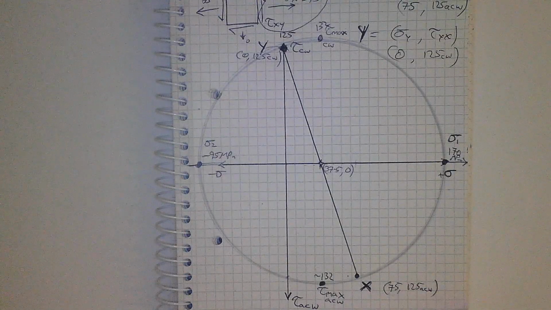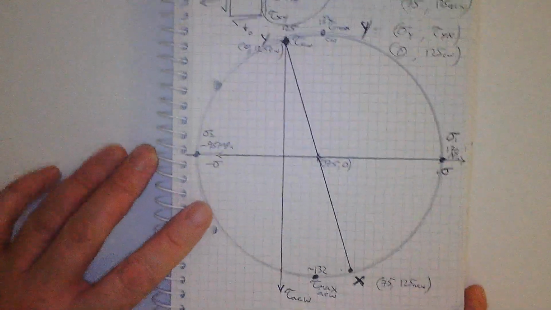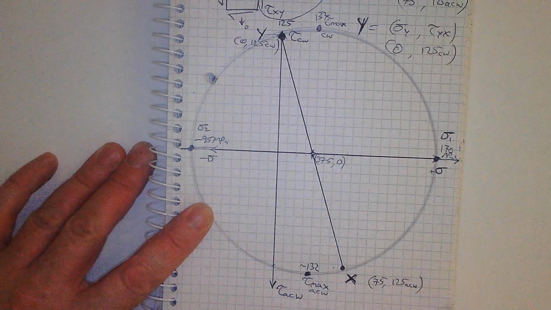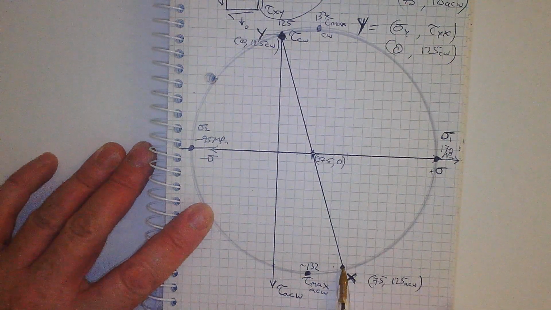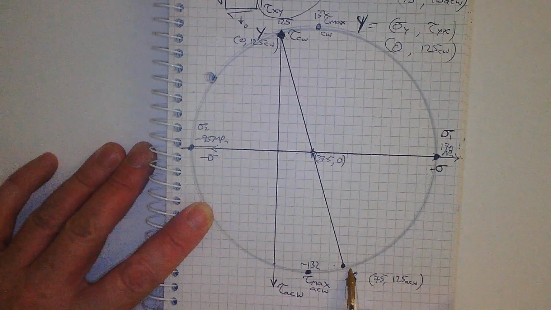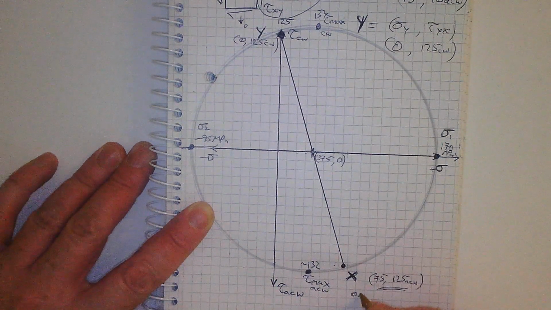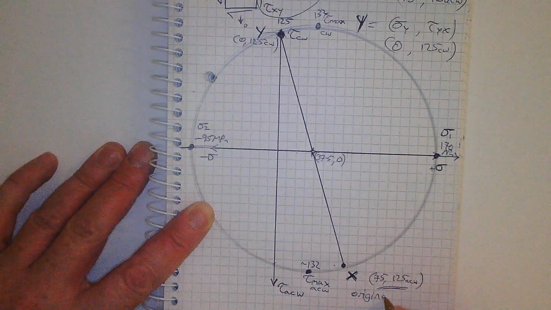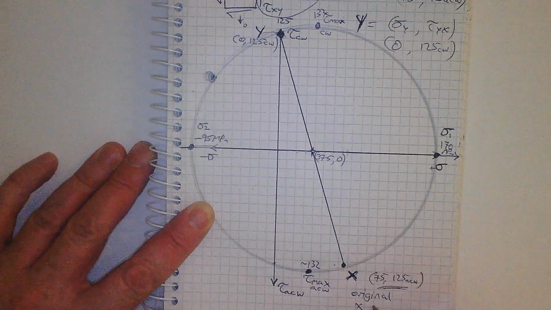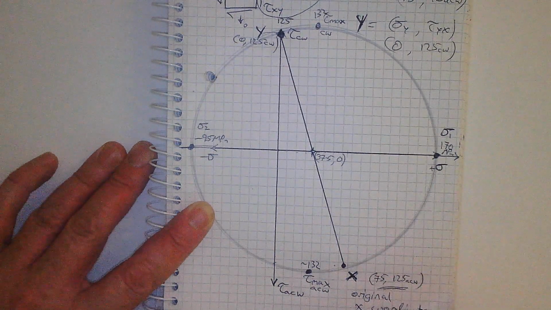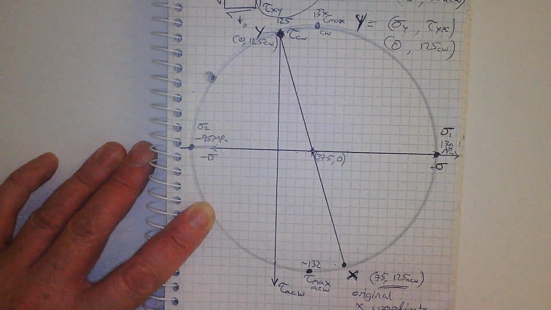Yeah, the angles then. So the angles on Mohr circle, we can work out. So the angle from our original x. So remember this point here. This is the original x coordinate, or the original x-axis maybe might be a better way of putting it.